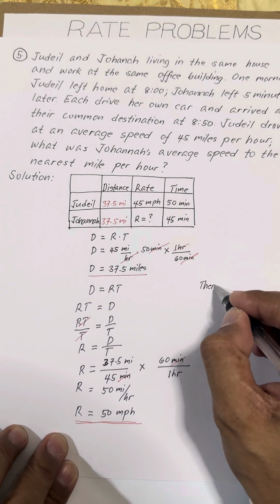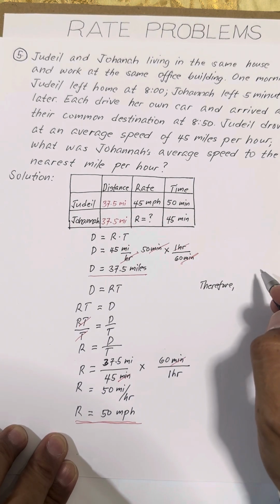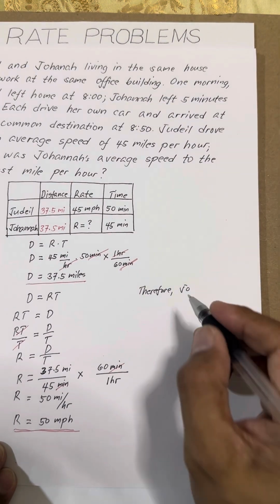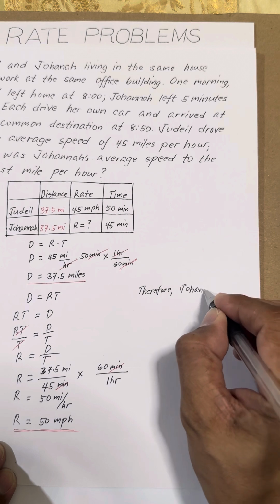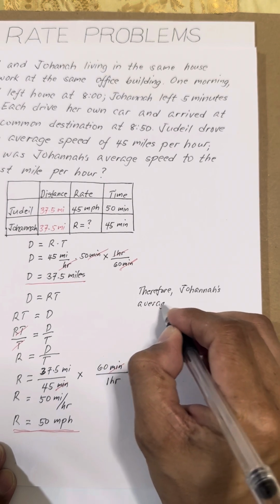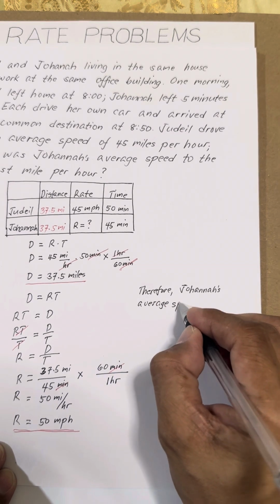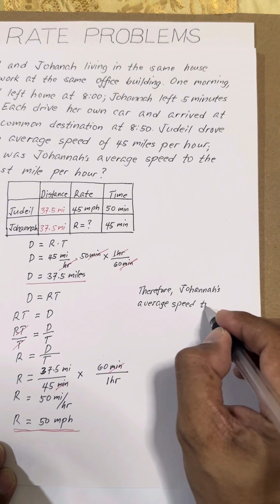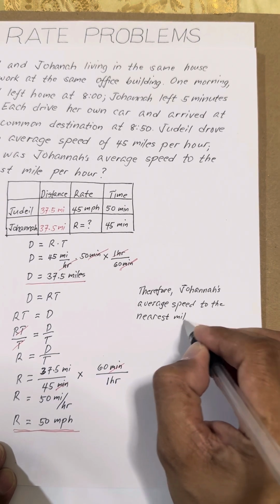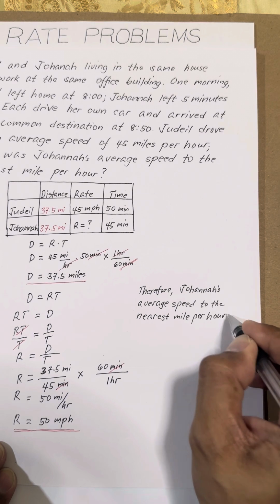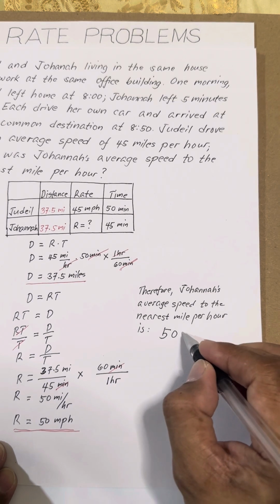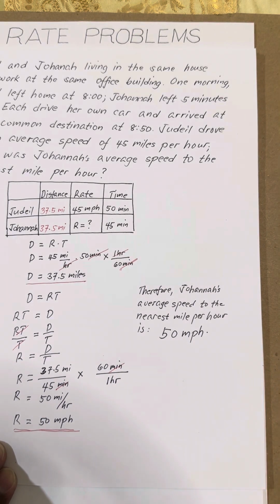Therefore, Johanna's average speed to the nearest mile per hour is 50 mph. So this is our final answer.